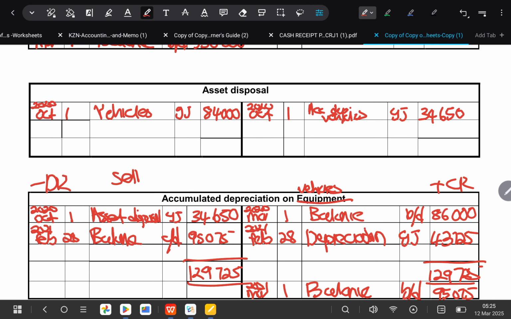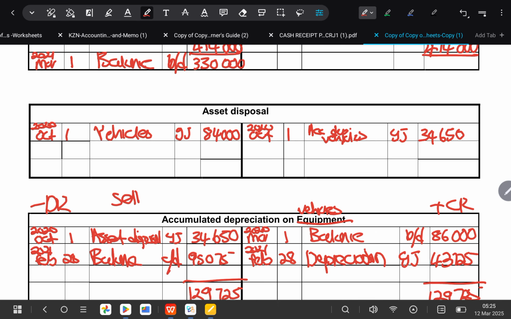Remember, when you record, you need to check which account you are going to debit, which account you are going to credit. Here we'll have the debit balance, and then we have the credit balance. The proceeds, guys, how you sold it, come the side always. So when we record, we will say debit creditors control, and then we credit our asset disposal.